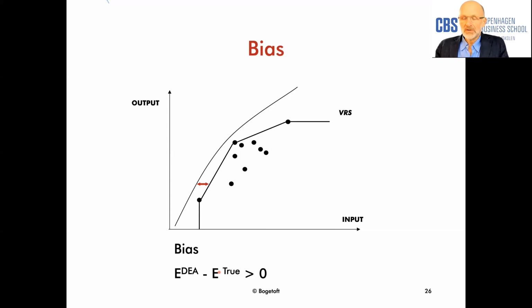It's good to know. The problem, however, is that the size of this bias is not the same in different parts of production space. You can see down here, you have a huge difference between the DEA estimated technology and the true technology. Up here, you have much less of a difference. So the bias in this area here is much less than it is here.